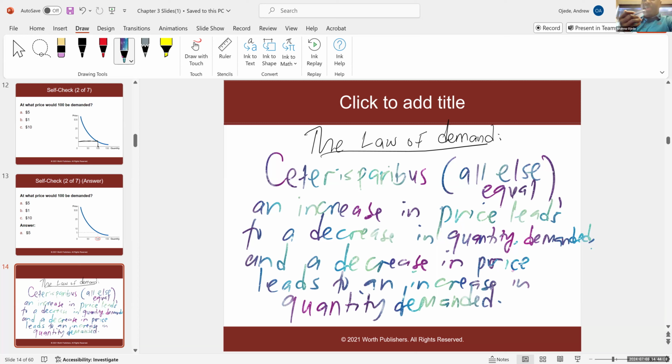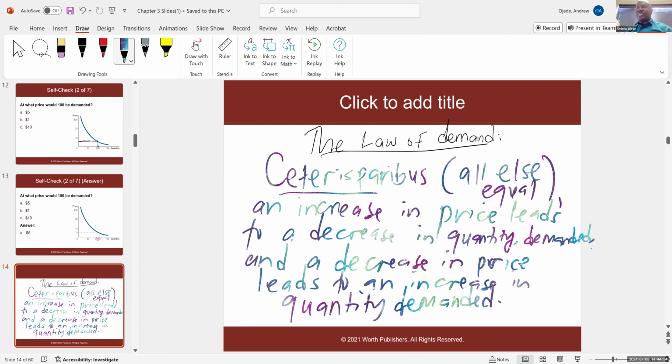The law of demand, again, ceteris paribus, means all else equal. When you hold constant all other factors that might affect demand and only look at what happens to price and how consumers react to that, you come up with the law of demand: an increase in price, holding other factors constant, like consumers' income or the quality of the good, leads to a decrease in quantity demanded.